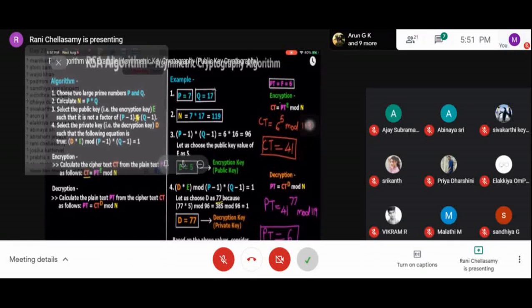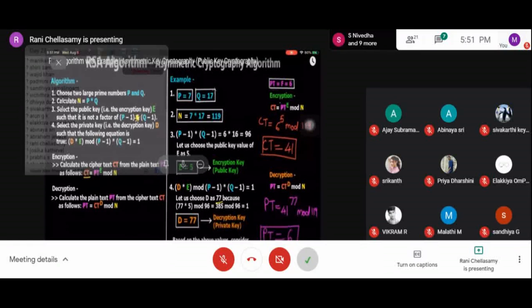For example, A equals 1, B equals 2, and so on. From this, we can take F equals 6. Consider this 6 as your plain text value. What is the encryption formula?